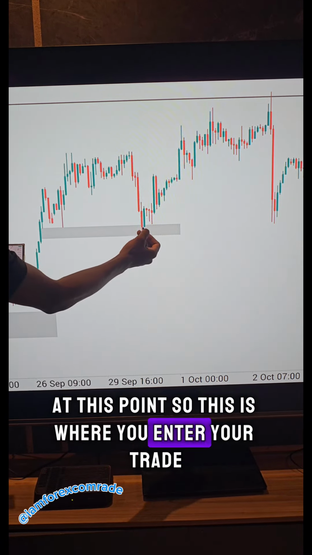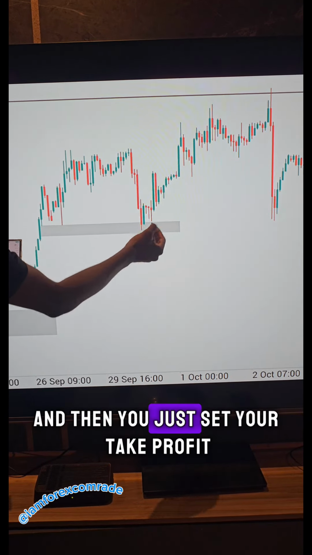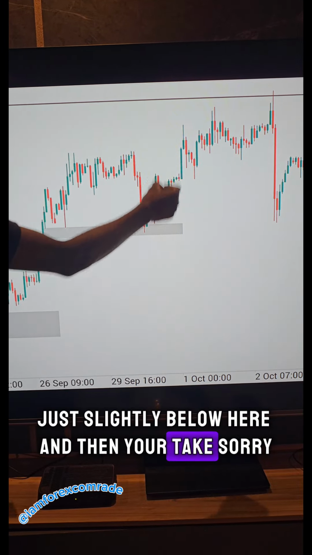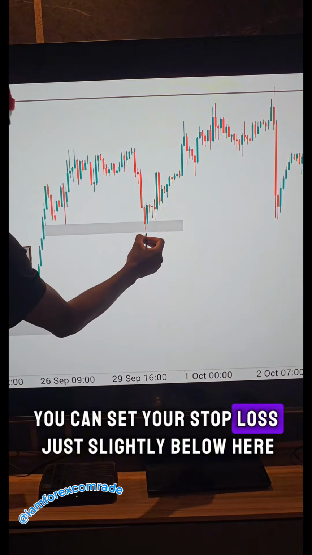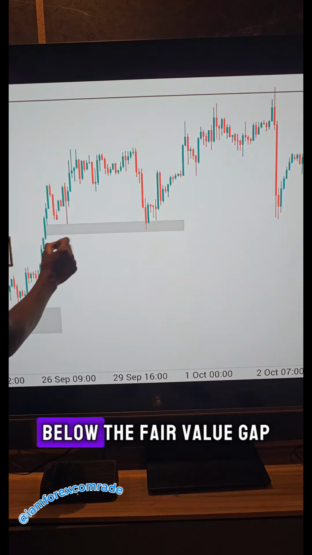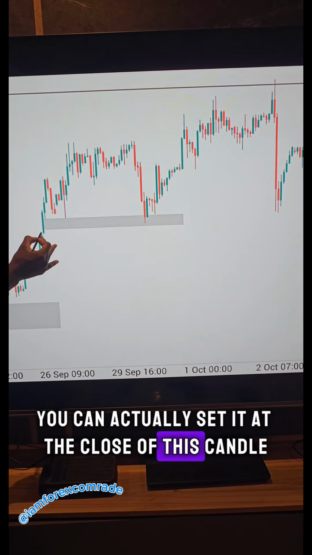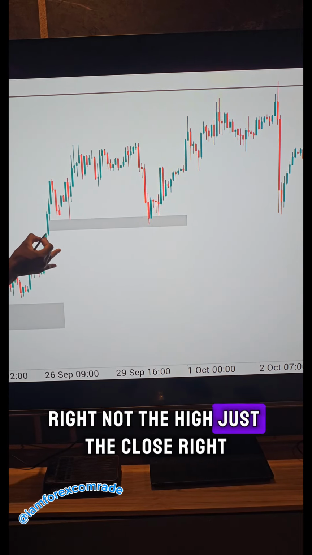So this is where you enter your trade, and then you set your stop loss just slightly below the fair value gap. Or you can actually set it at the close of this candle, not the high, just the close.